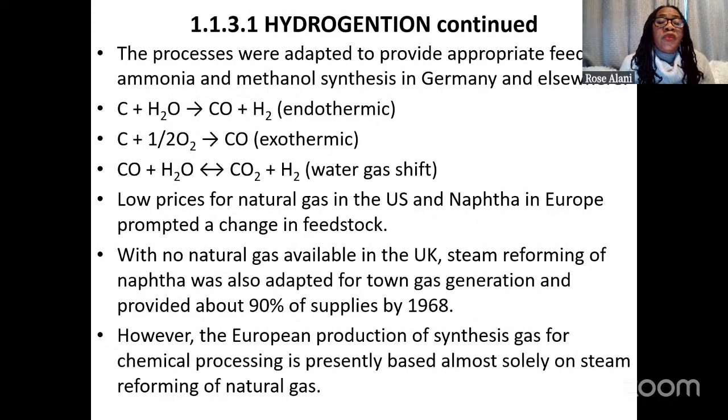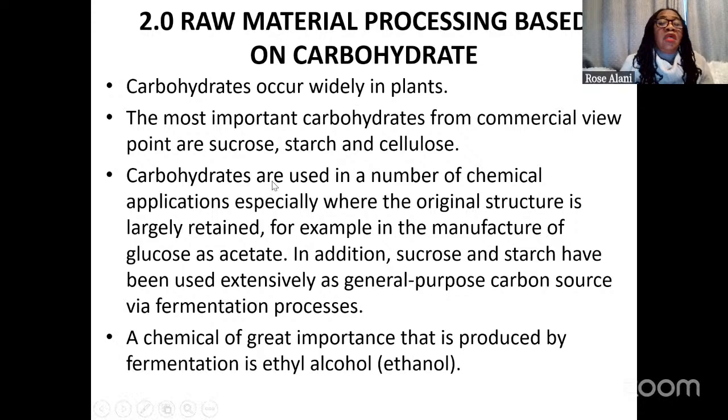Okay. So now, how do we get raw material processed based on carbohydrate? What we just finished talking about is obtaining organic raw materials from coal through three processes: carbonization, gasification, and hydrogenation.